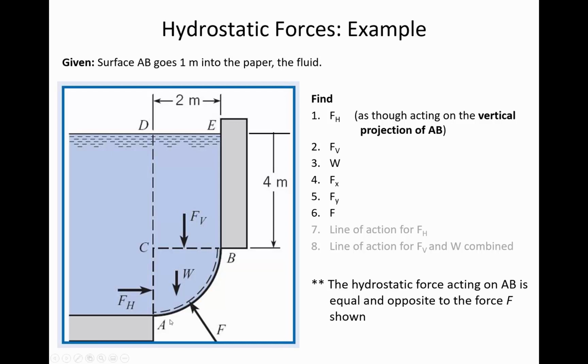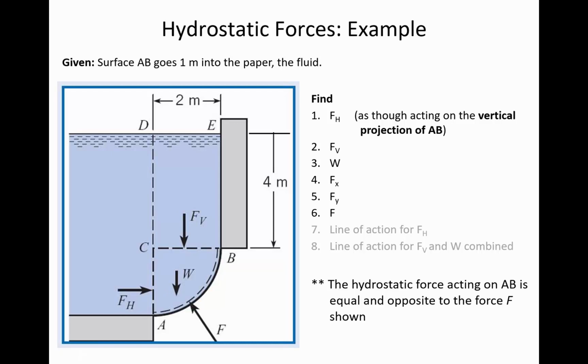So it's at the center of area for the quarter circle, and that's not in the middle. You know, there's a whole piece of this shape missing over on the right side, and so that pushes the center of area for what remains to the left. And so whereas it was 1 meter from C to the force, it's going to be less than a meter from this CA plane over to where the force W is located.